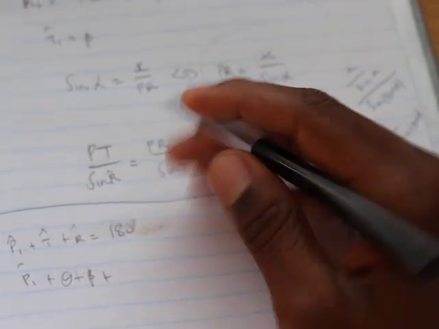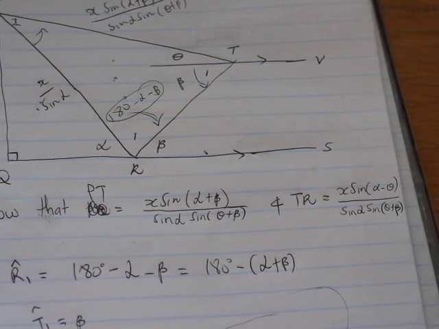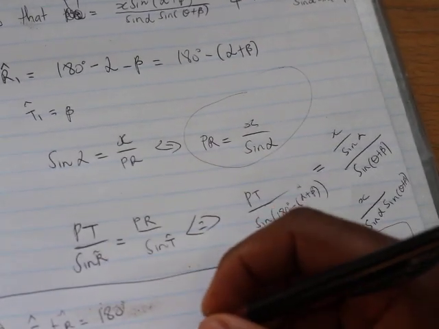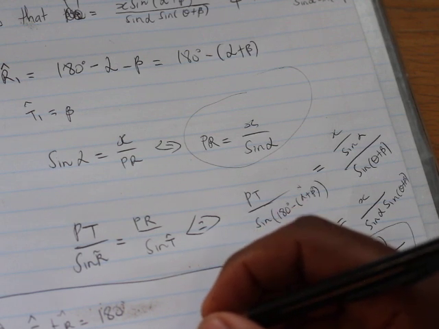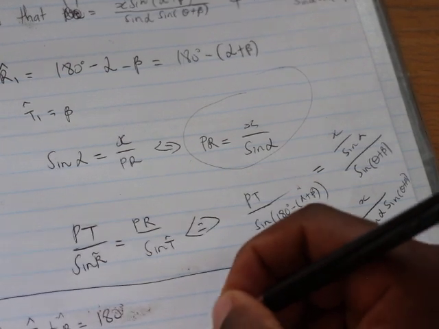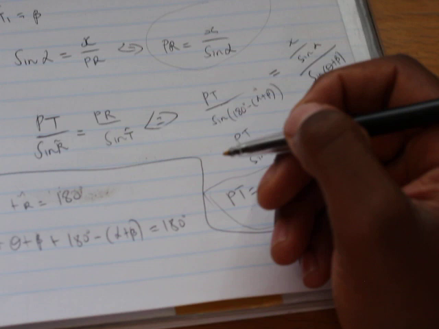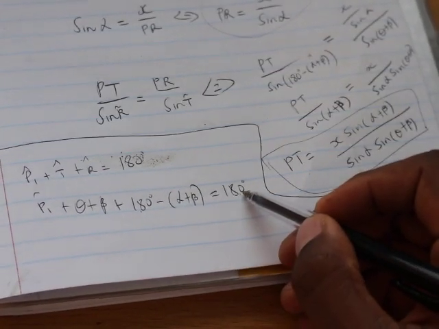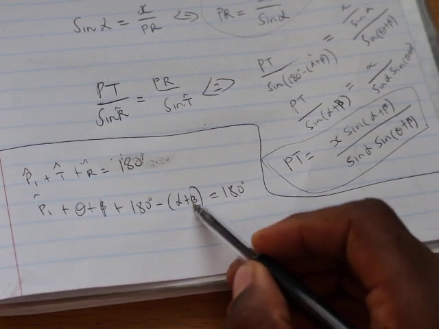Also angle R is just 180 degrees minus alpha minus beta. So this 180 degrees and that, they're going to cancel, and then beta and beta, they're going to cancel.